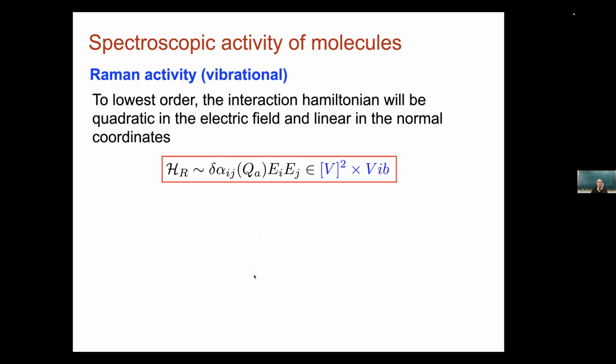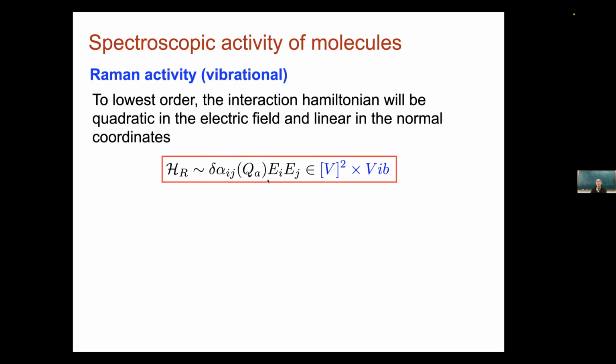And now I can construct an interaction Hamiltonian that describes the Raman scattering. Remember, the Hamiltonian was the product of the electric field times the dipole moment. The dipole moment is going to be just alpha acting on the electric field.